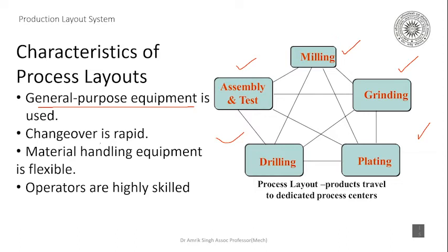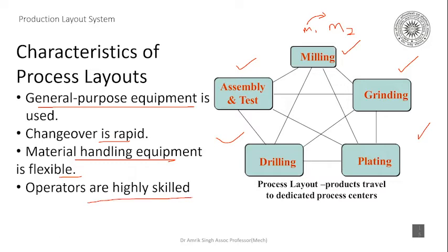Changeover is rapid. Suppose there are two machines, M1 and M2, both milling machines. If we want to change because this one is under breakdown or it is unable to carry that job, we can go to the other machine. So the changeover is rapid. Material handling equipment is flexible, so it can be used everywhere.